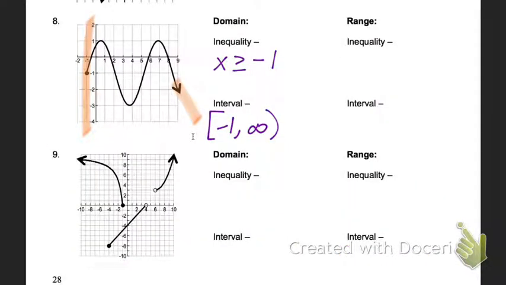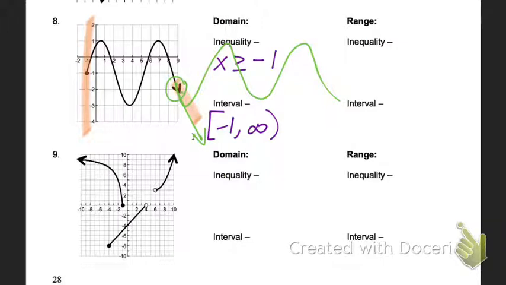For the range, you see this arrow. There are 2 ways you could interpret this arrow, and if this were on a quiz or test, I would accept both. You could think it's going all the way down and to the right forever, or you could treat it like it was continuing the trend.